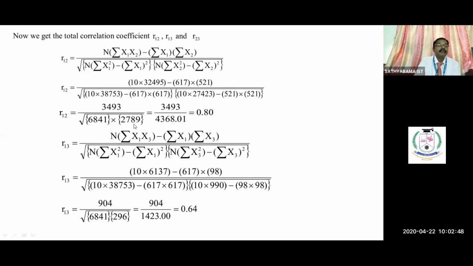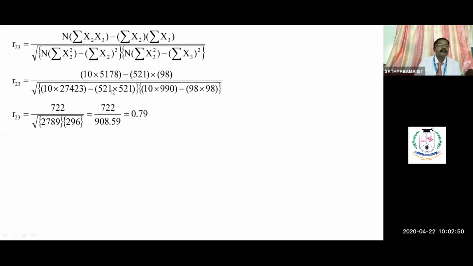So writing the data from here: 5178, sigma x2, sigma x3. n is 10. We are substituting all the values and simplifying, we are getting R23. So far we have found R12, R13 and R23. We have completed how to find the correlation between two variables.